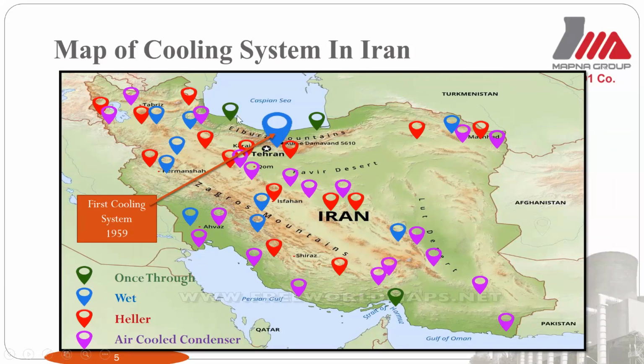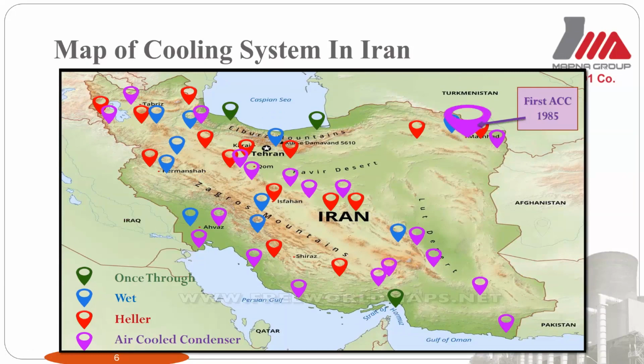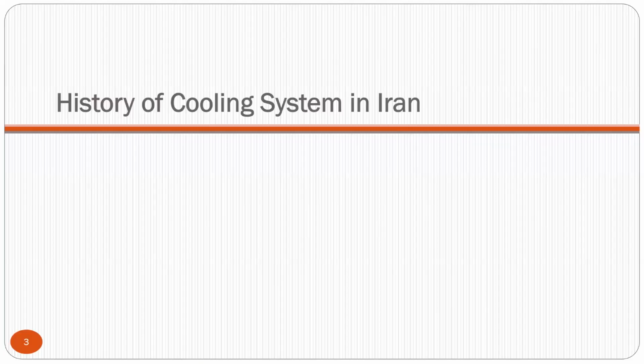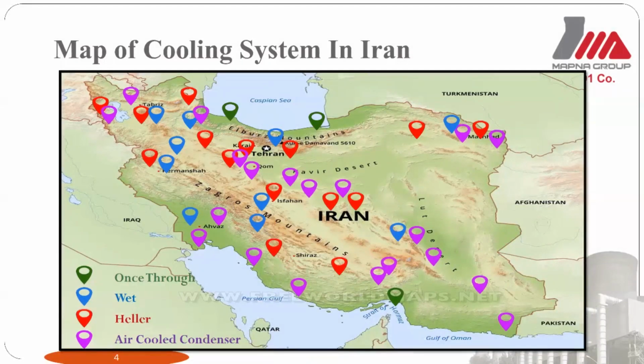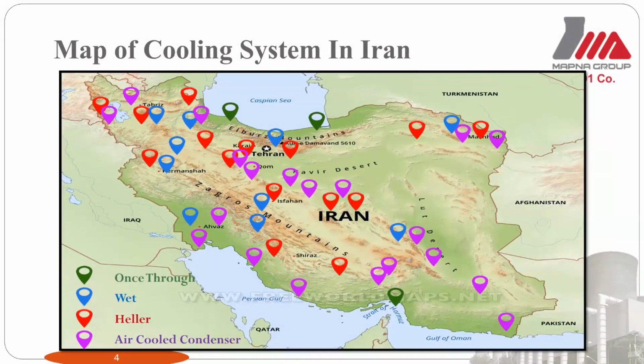This was implemented by MAPNA Group. Moreover, the blue signs show wet cooling systems. Due to the water limitation, the construction of this kind of cooling system has been stopped. So there isn't any recent sample of wet cooling systems.